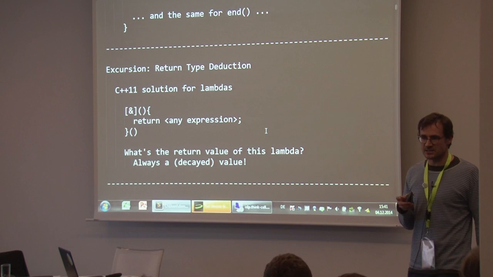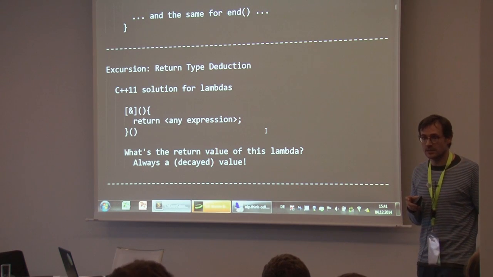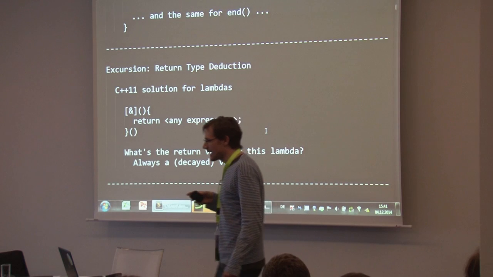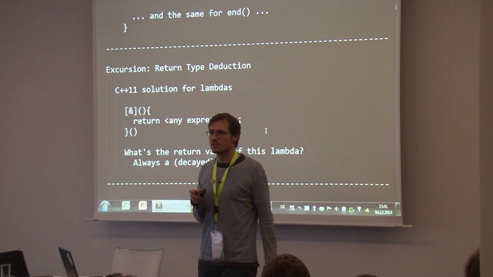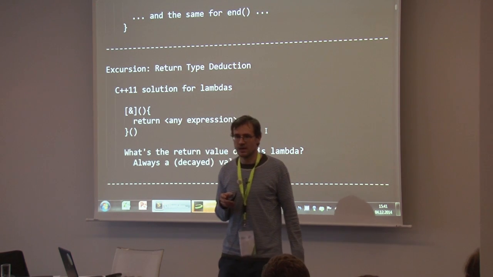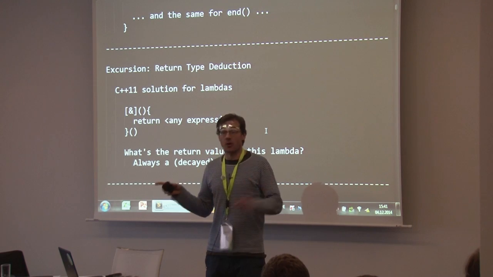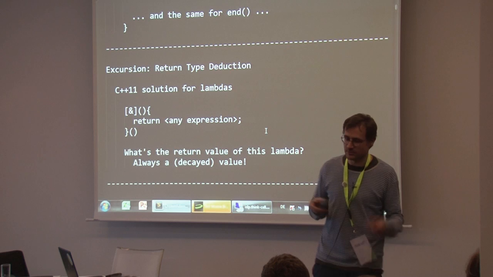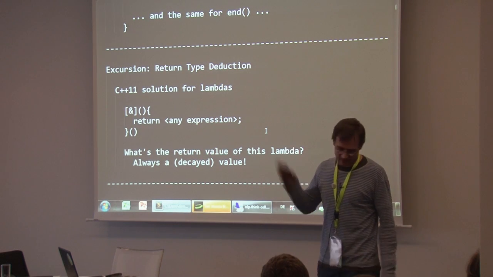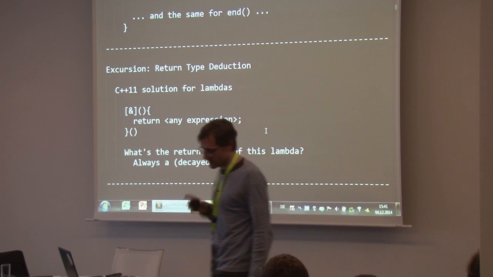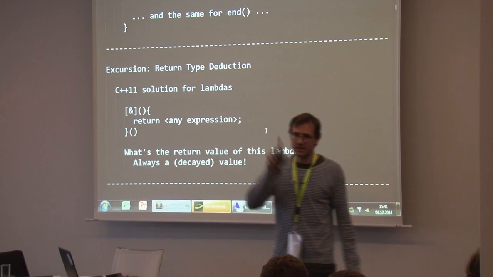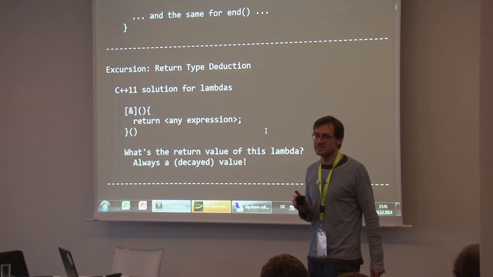There is a type trait, std::decay, in C++11, and it will do things like turning arrays into pointers to the first element. It also throws away references because you have to make it a value type. It will throw away all the references, R-value references, reference, whatever. It doesn't matter. It gets all thrown away. It will do more than that. It will turn arrays, for example, into pointers to the first element.